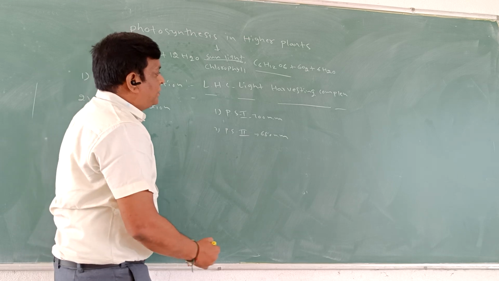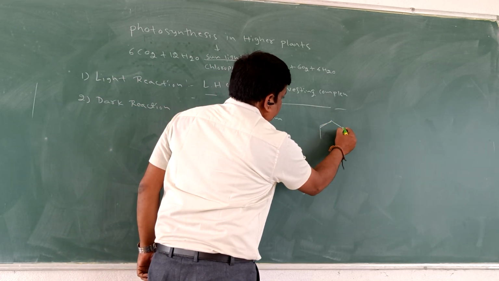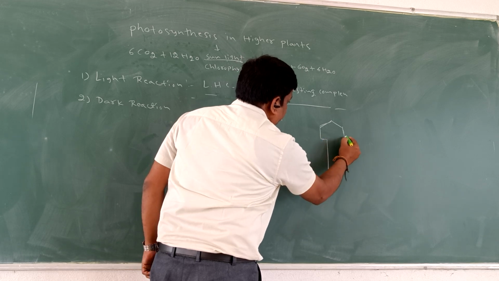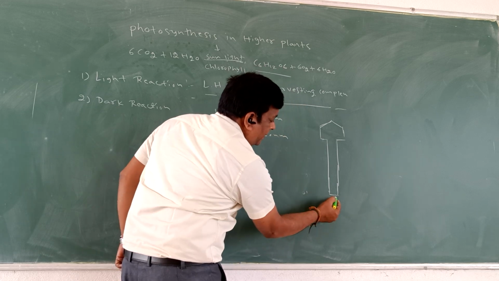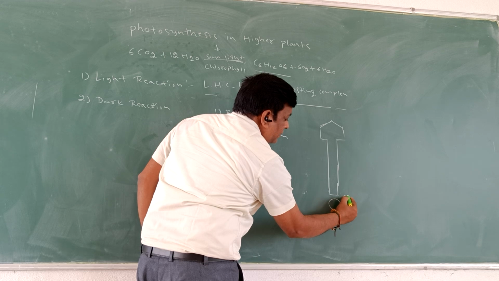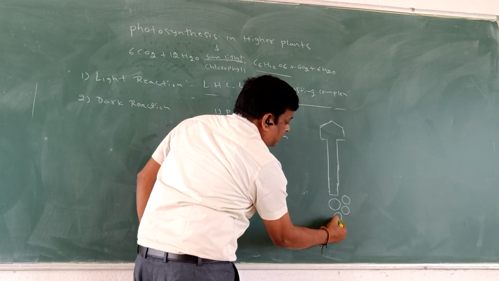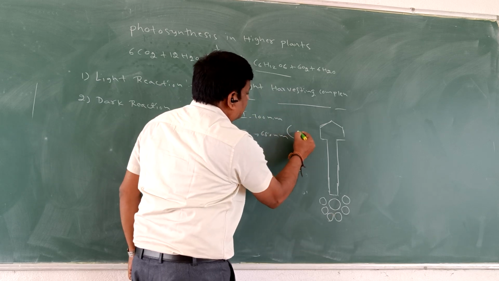We can see how the light harvesting complex forms. Here we can take the pigments present like this: chlorophyll A, and these are the accessory pigments. Here we can take the sunlight.